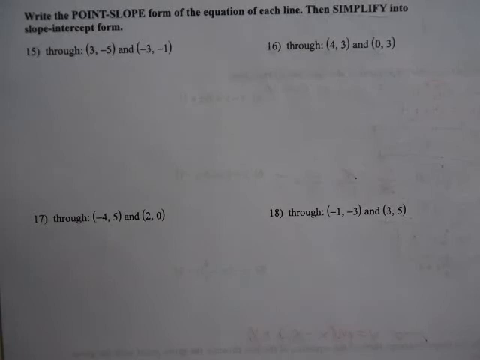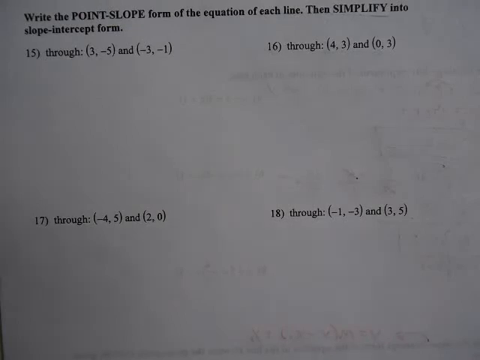Okay, what if we have 2 points and we want an equation of the line? Let's look at number 15. I've got 2 points. I need an equation, so I have to go through 3 formulas to get there.